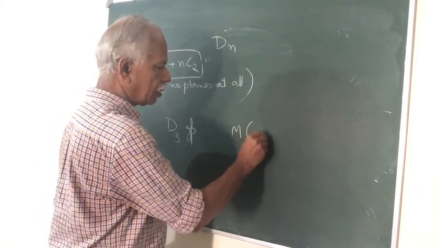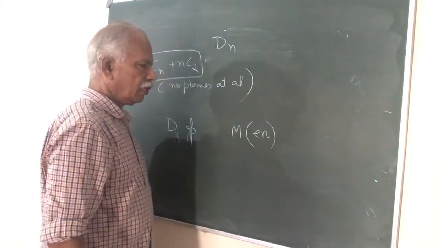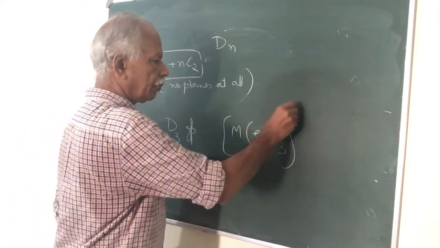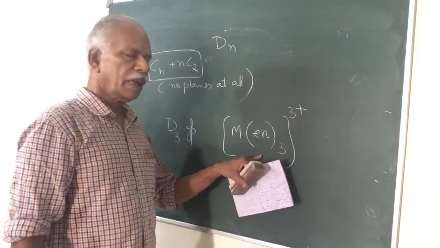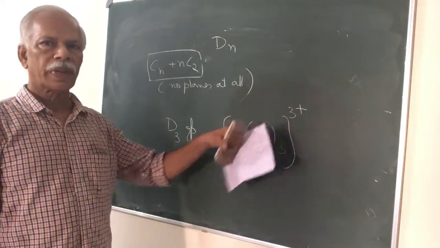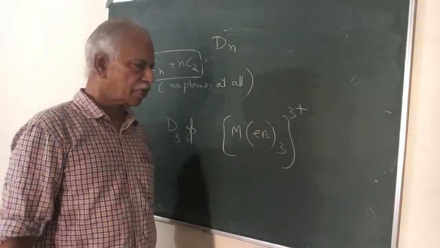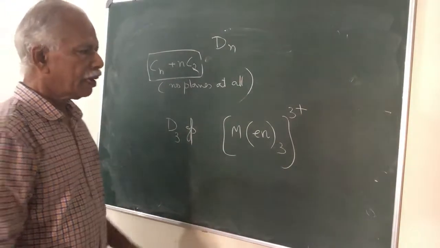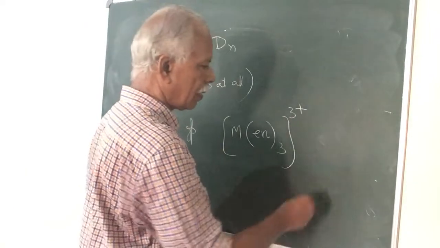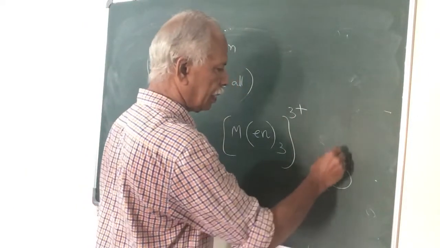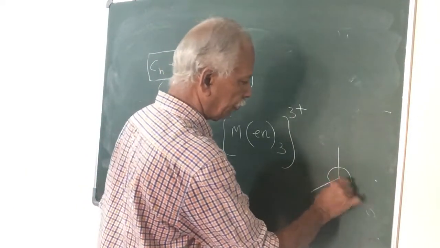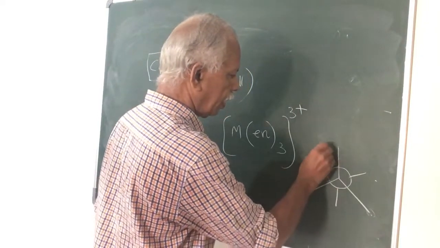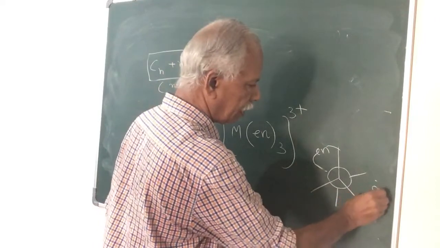metal complexes with ethane-1,2-diamine, tris(ethylenediamine)cobalt(III) or chromium(III), etc. One way of writing its projection formula is like this. Put a circle for the metal, then the en groups are connected in this manner.